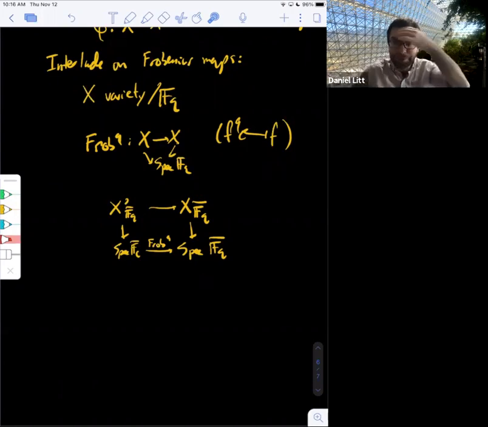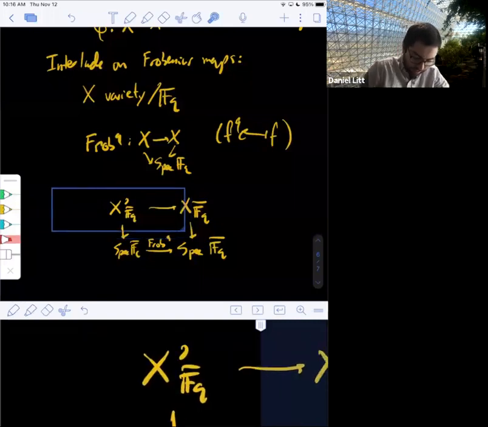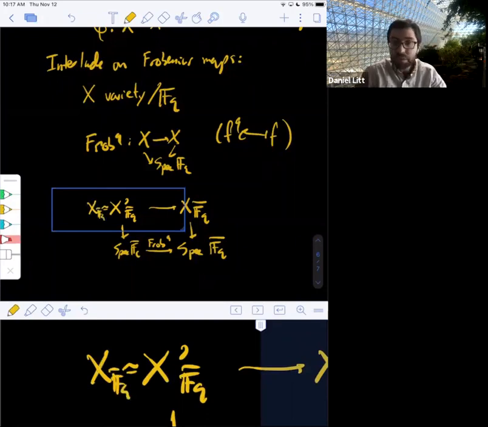So can anyone tell me what that is? The claim is that this is canonically isomorphic to X FQ bar. So can anyone tell me what that isomorphism is?